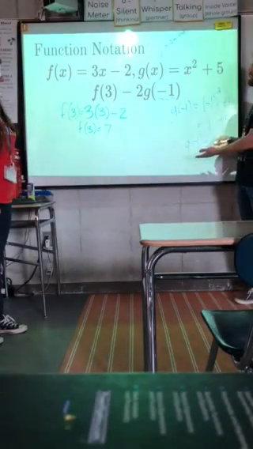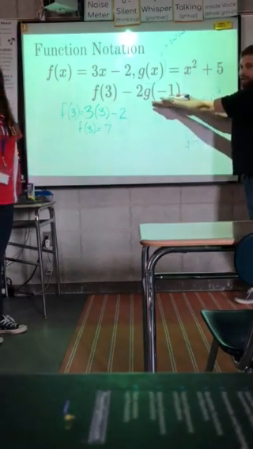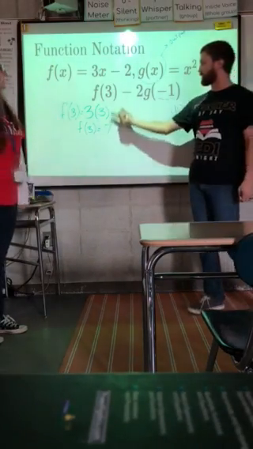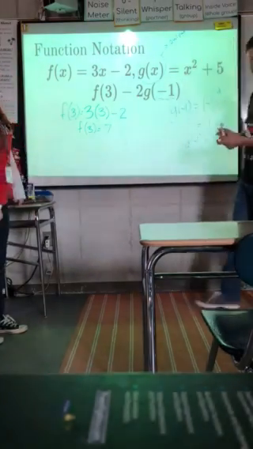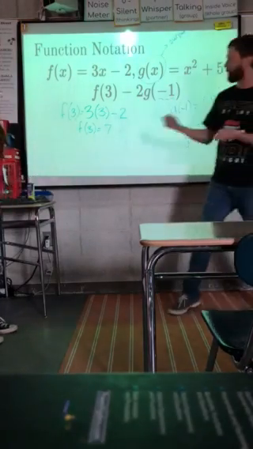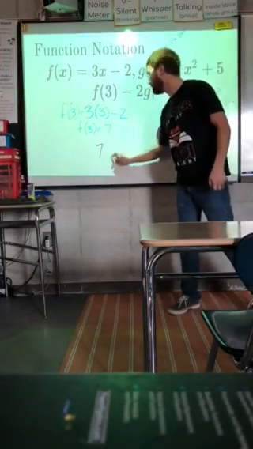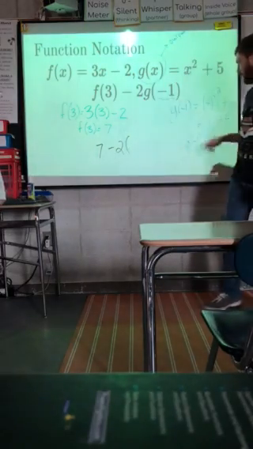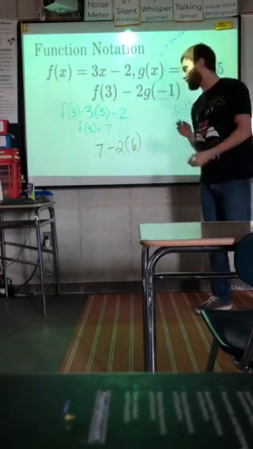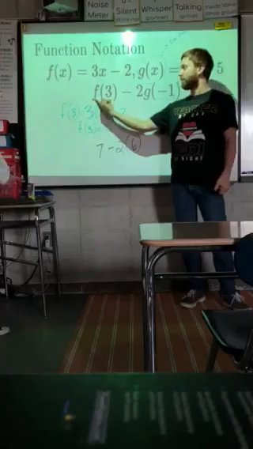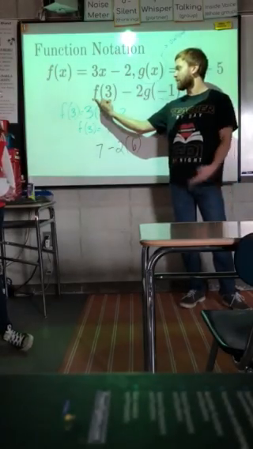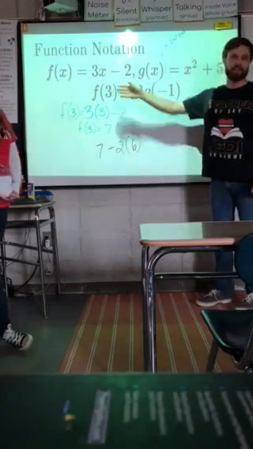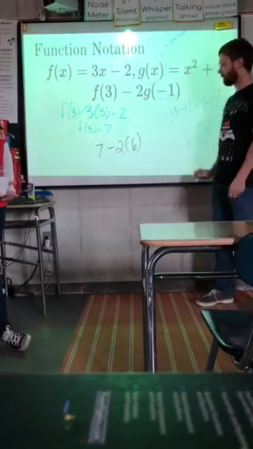Now if we look back up at our original expression that we need to evaluate, we need to substitute these numbers in. We've learned that f of 3 equals 7, and that g of -1 equals 6. Just as if this was a random variable such as a, and this was a random variable such as b, we can substitute in a value for it that corresponds with the input.